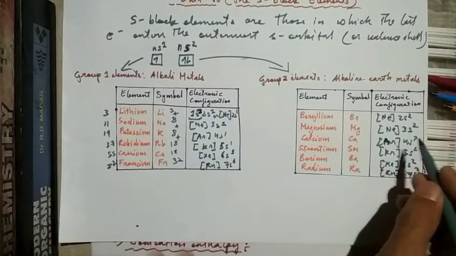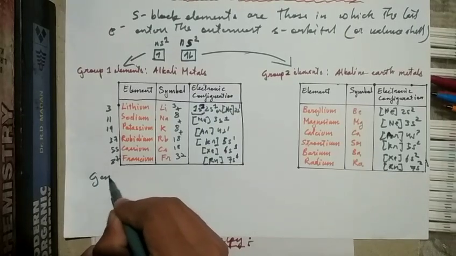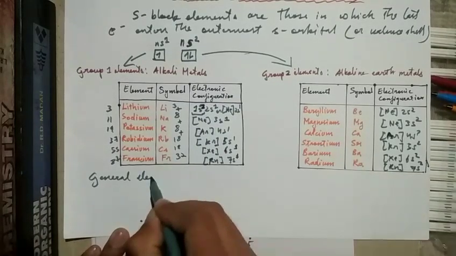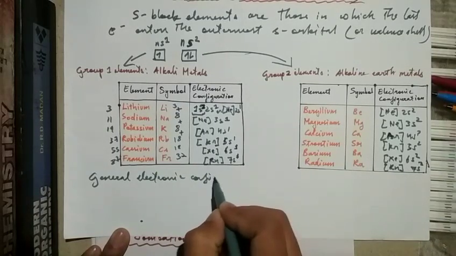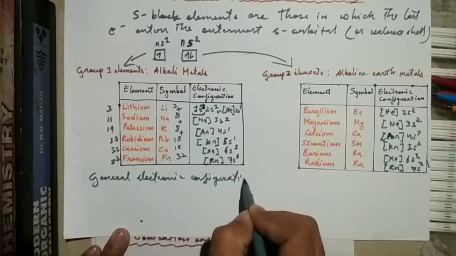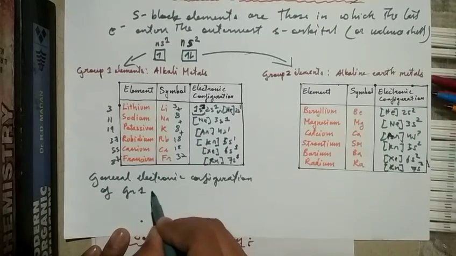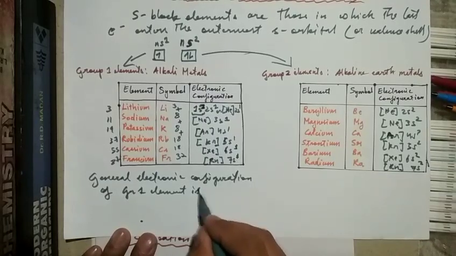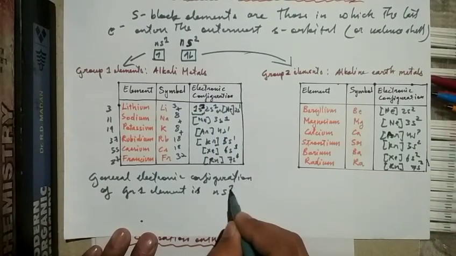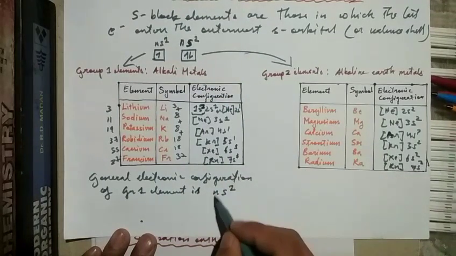So from here we can write the general electronic configuration. The general electronic configuration of group 1 elements is ns1, the outermost shell.